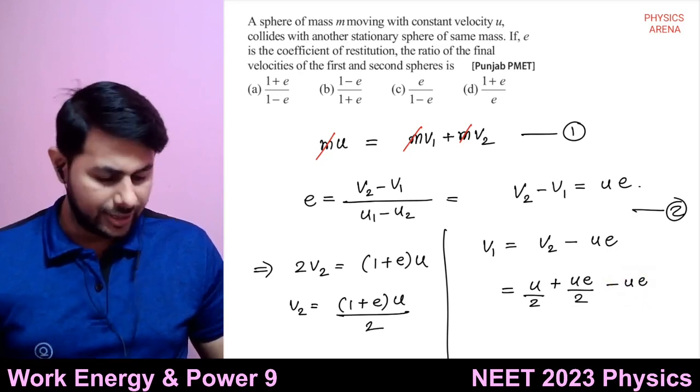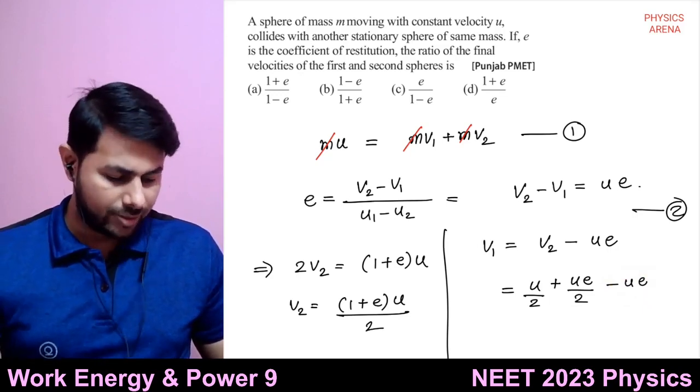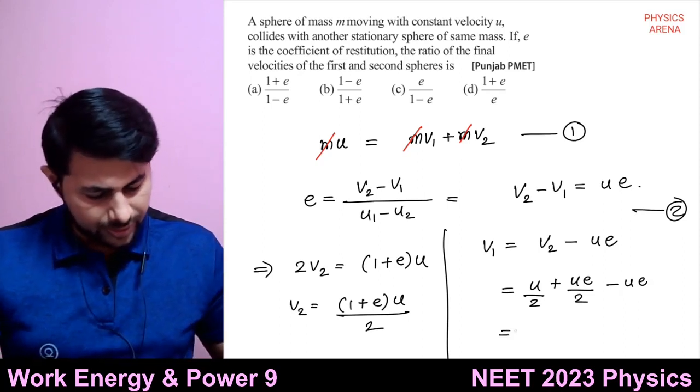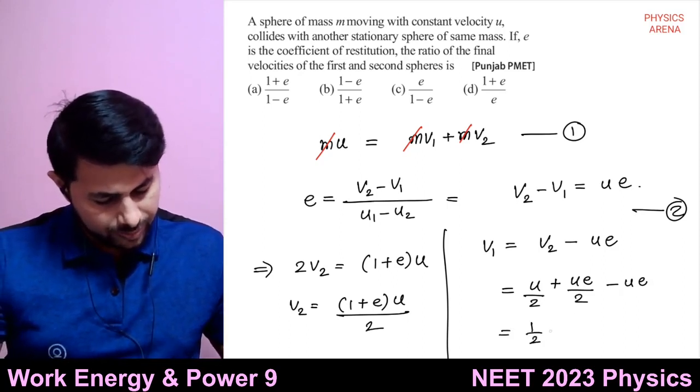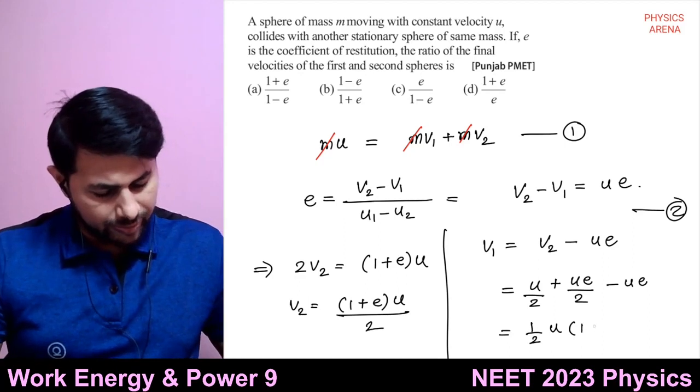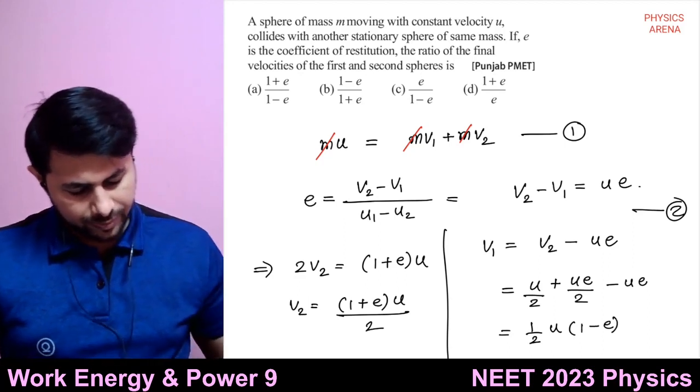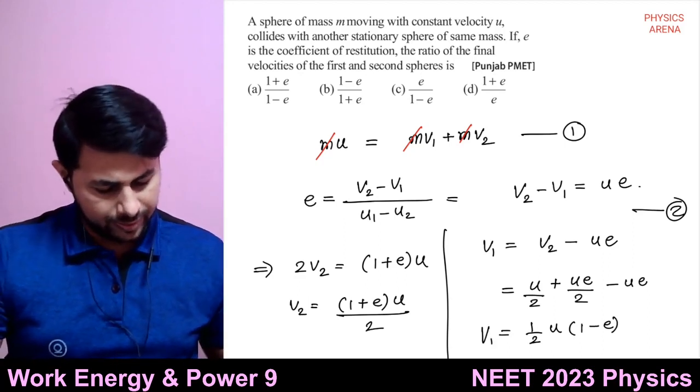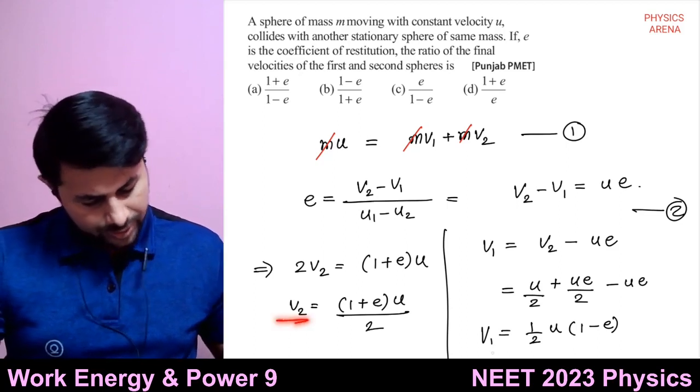Taking half and u common, it is half of u times 1 minus e. So this is v1, and this is v2.